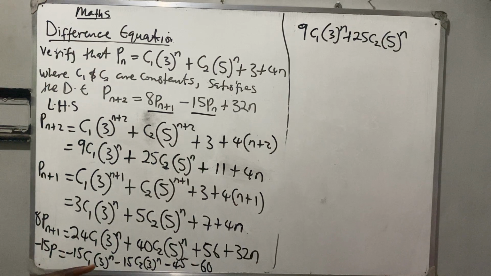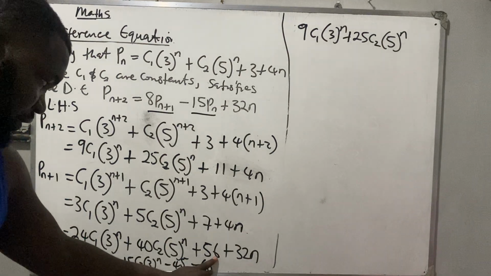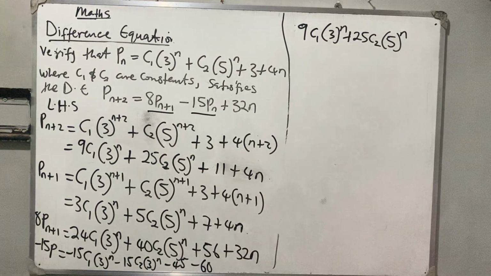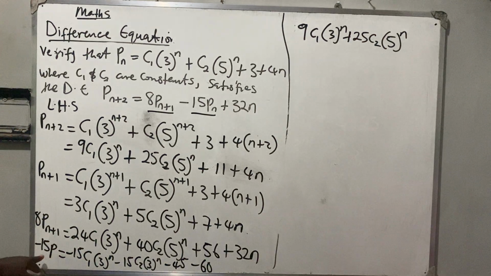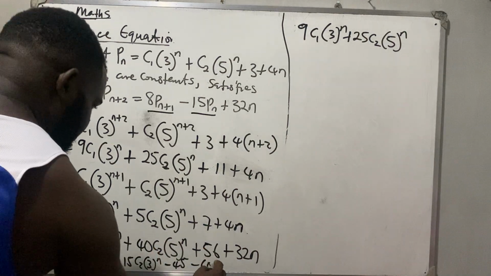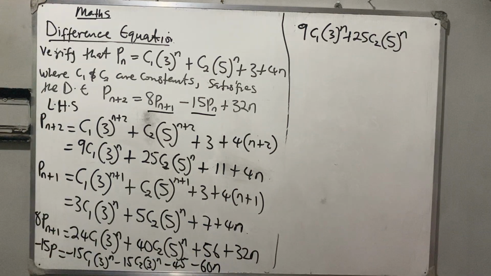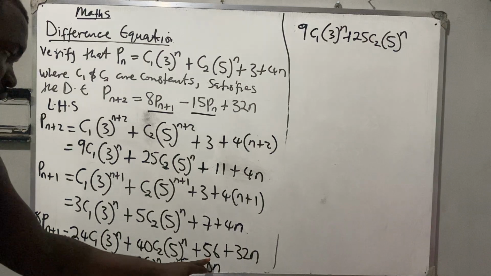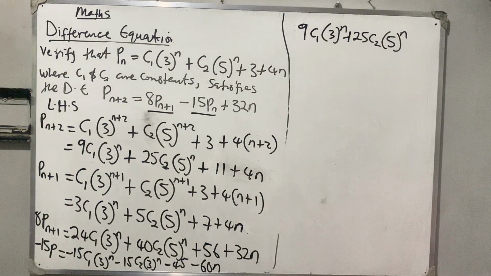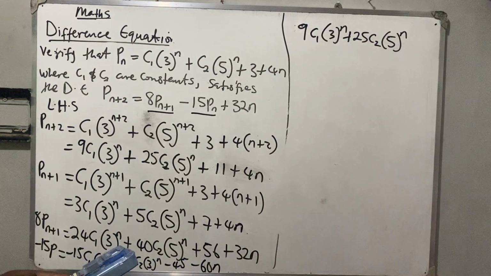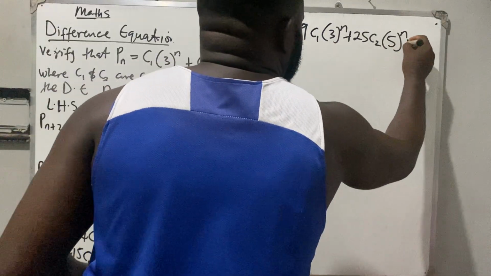For the one that has a number, it is 8pn, which is 56 minus 15p. I think I forgot the n here, sorry. So the one that has a number is what? 56 minus 45. So I have 11. So this is giving me plus 11.